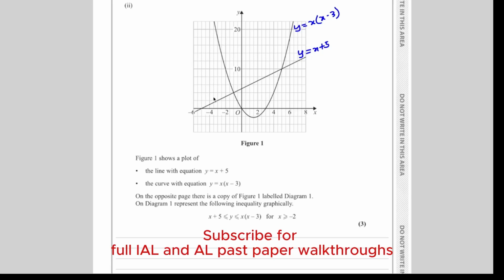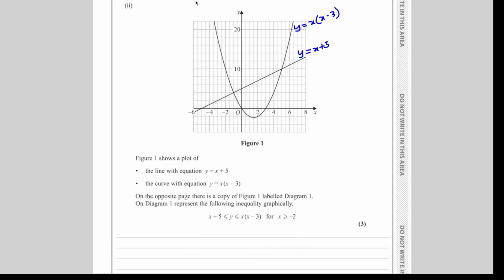Being on the curve, you have to get all the region that is below the curve. So from the line, above the line, and from the curve, below the curve, you need to get the common region that represents this one. Then, when getting the common region, we can recognize that this is the region. If I shade it, it would be somewhere here. This is the region that we are getting.